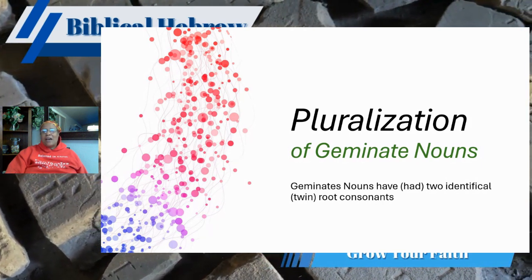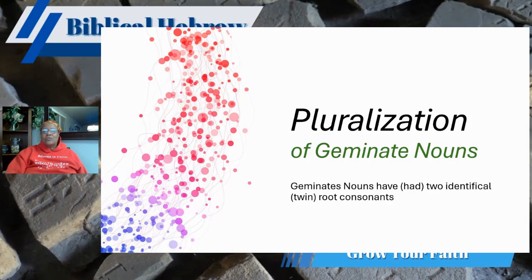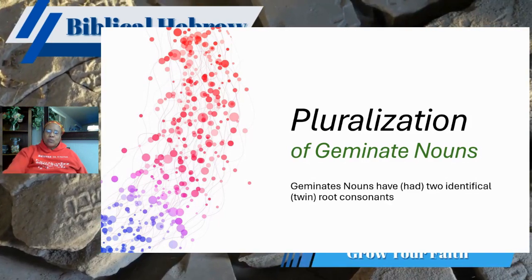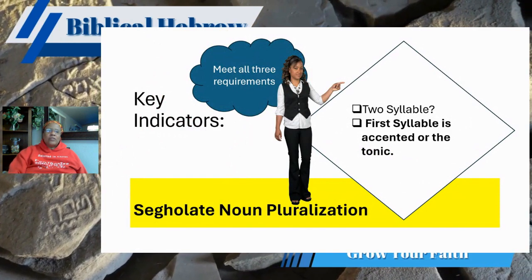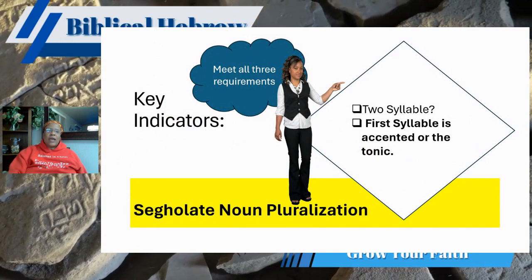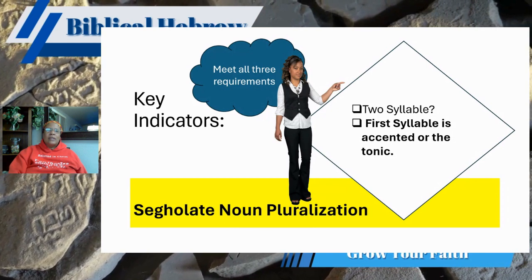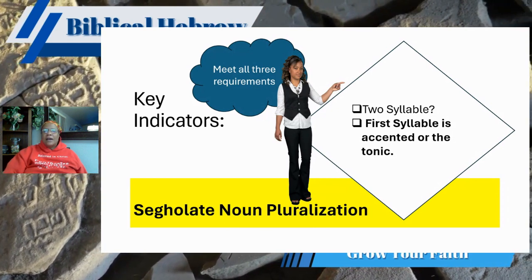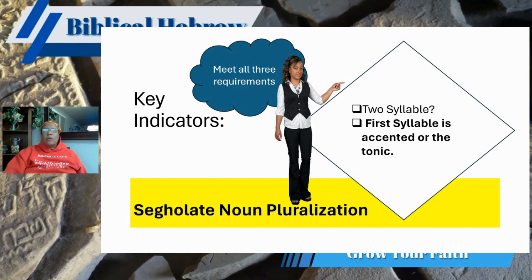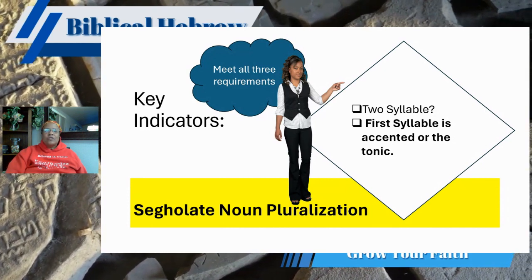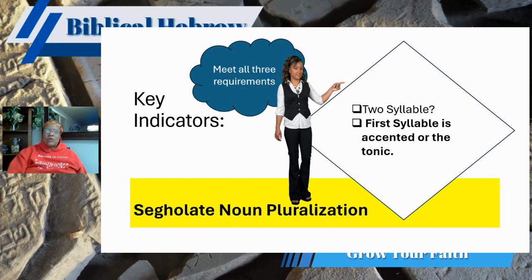Okay, so geminate nouns have or had two identical twin root consonants. As we begin to understand the geminate, just know that it just means twin in Latin, and when it goes to the plural form, we will get a sense of the twin when we see the dagesh forte.